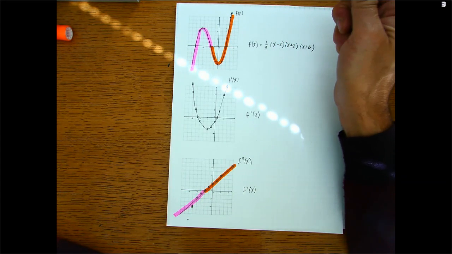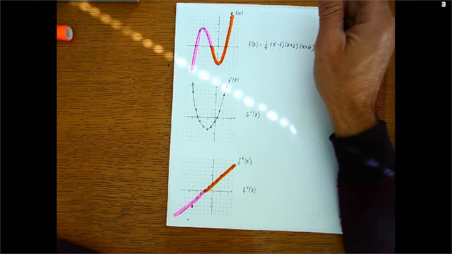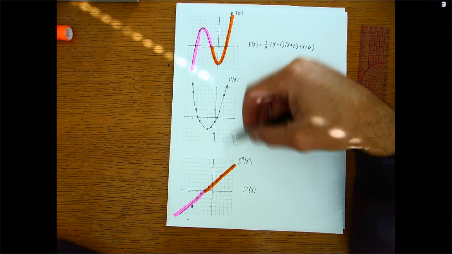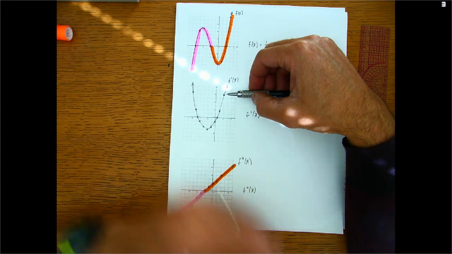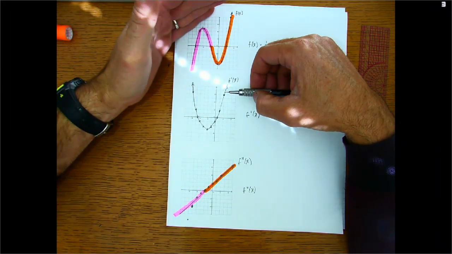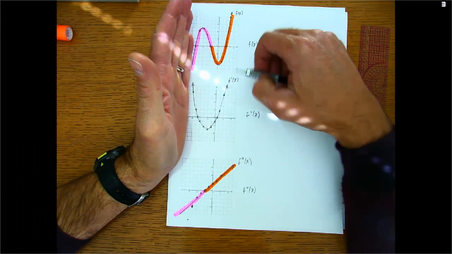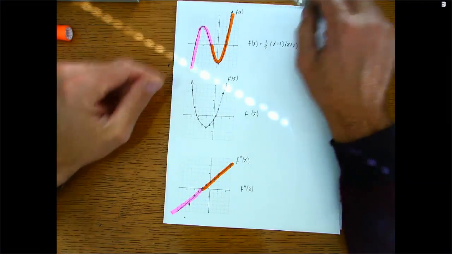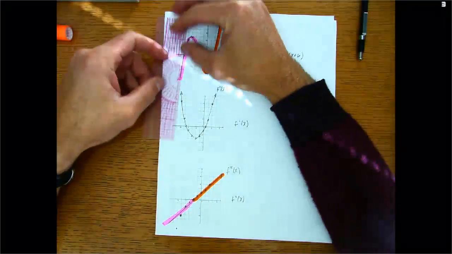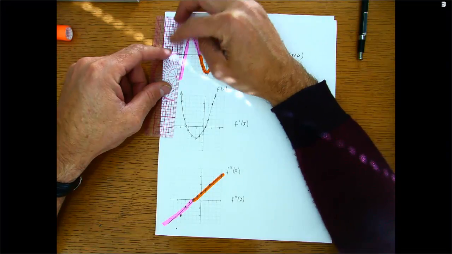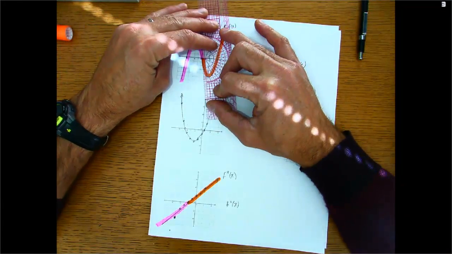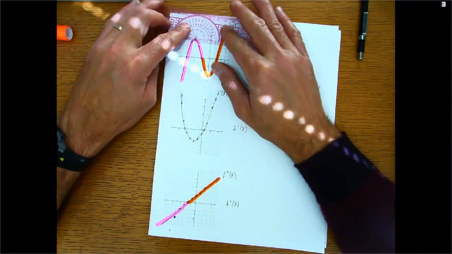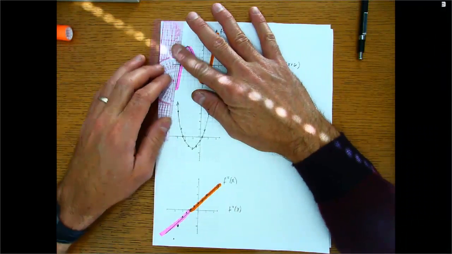And now we should ask ourselves why that would make sense. So if the second derivative is telling you about how the first derivative is changing, then what it's telling us is how the slopes of the first derivative are changing. So in this sense, the slopes of the first derivative are all positive here, and they keep decreasing until they get to here. Do you notice that? The slopes are positive, but they are decreasing.